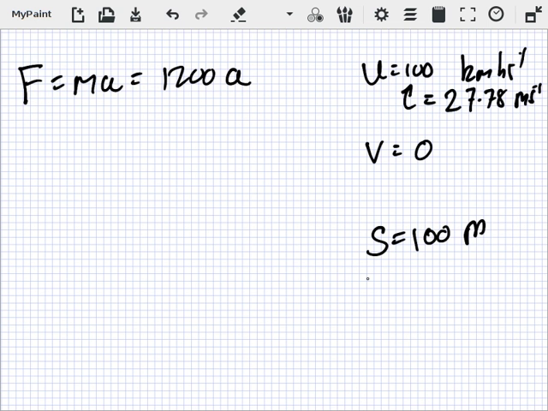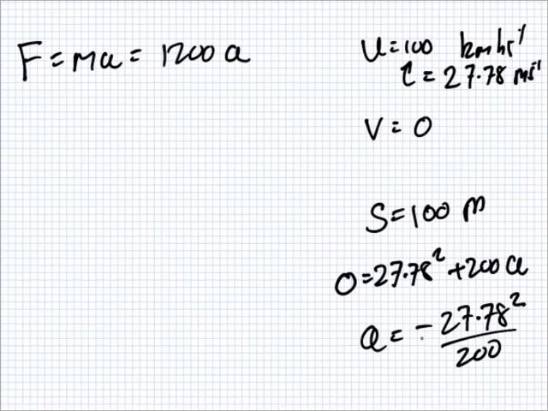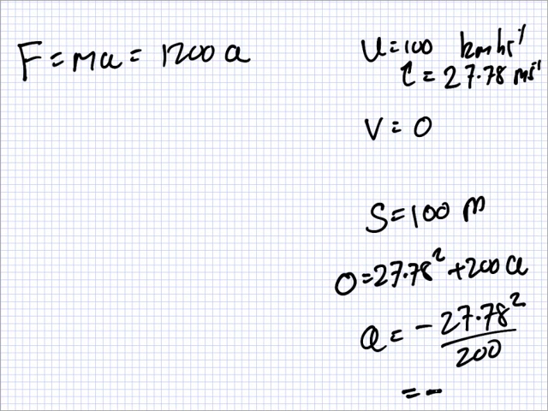Okay. So what will give us the A here? V squared equals U squared plus 2AS. So the A is minus 27.78 squared over 200. What is that, by the way? Pretty big number, I think. Minus 3.85.